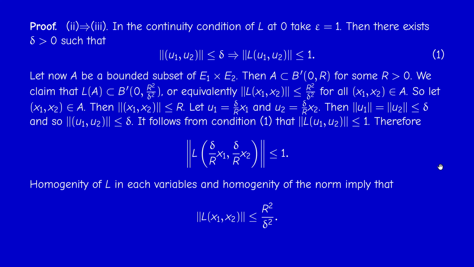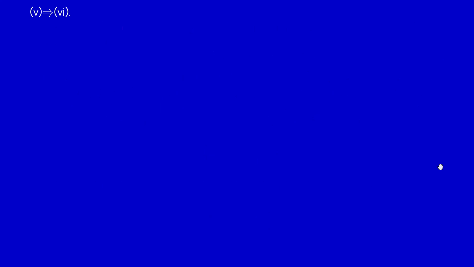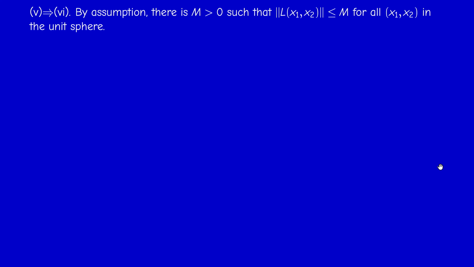Now, as we said, 3 implies 4, 4 implies 5, and 5 implies 6. So where does this constant come from? Assumption 5 tells me that L is bounded on the unit sphere. So that means that the image of the unit sphere is contained in some ball of center 0 and radius m.